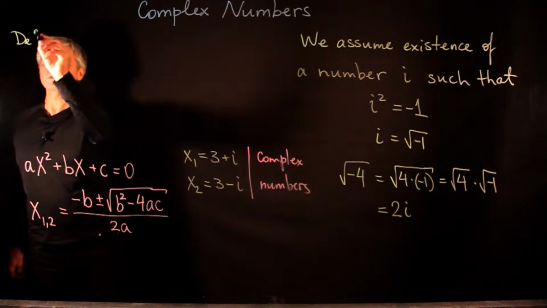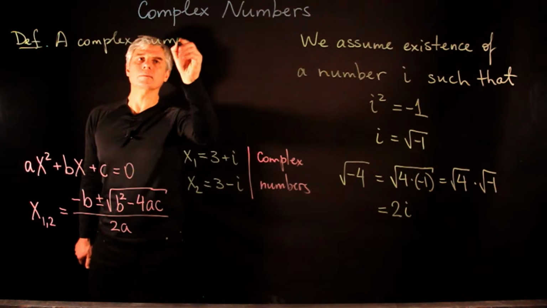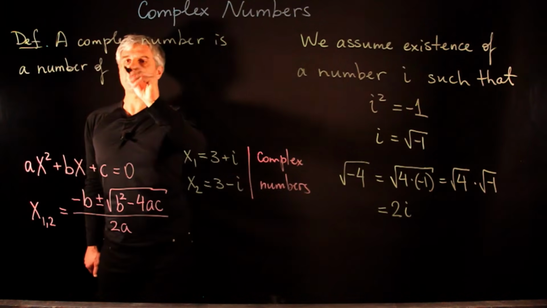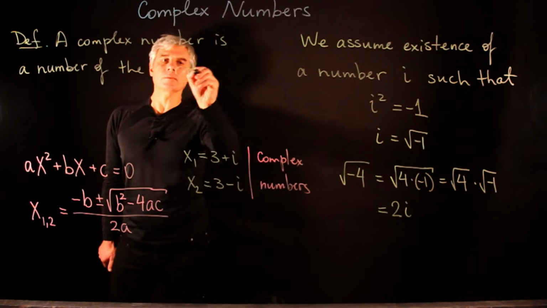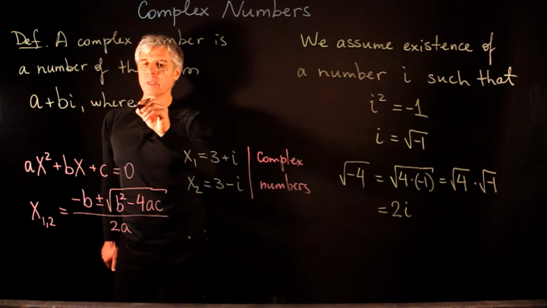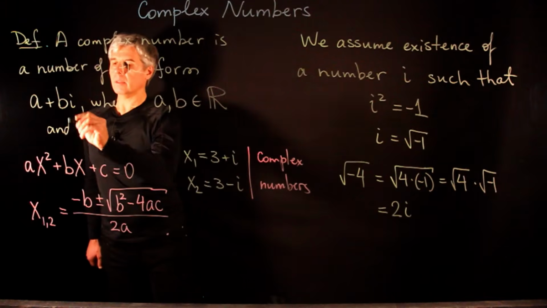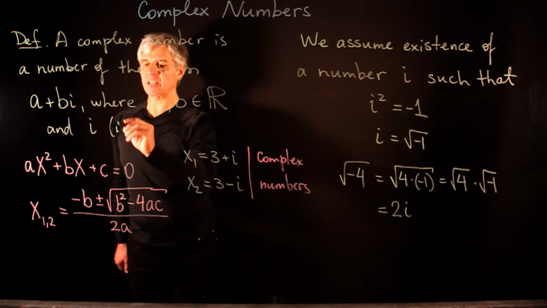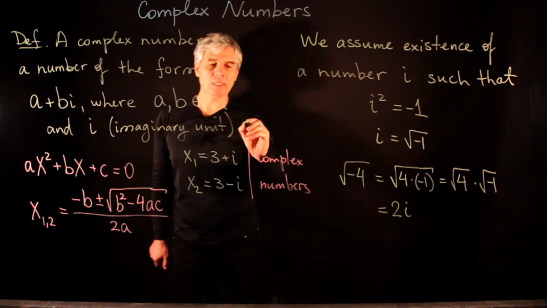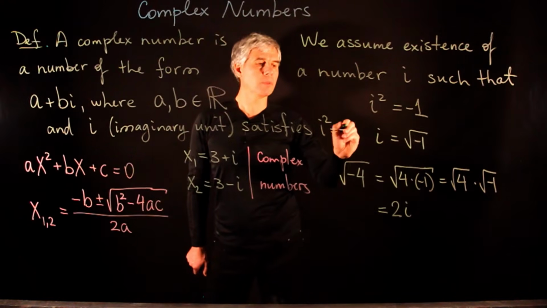Now we give a definition: a complex number is a number of the form a plus bi, where a and b are real numbers, and this i, which is called the imaginary unit, satisfies i squared is equal to minus 1.